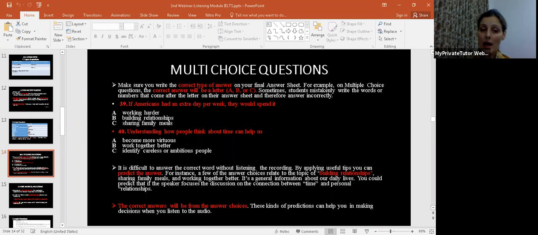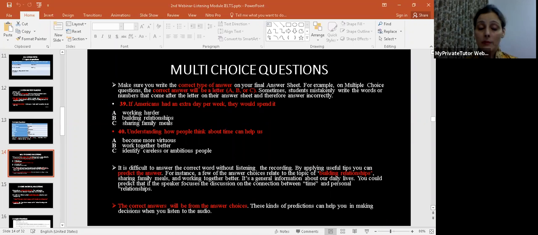You have to remember, if 1, 2, 3 is written with the options, you have to mention the same number. Sometimes students mistakenly write the words or numbers that come after the letters on the answer sheet, and therefore the answer is incorrect. So you have to be very much conscious about this. Whatever is mentioned over there, you have to write the same thing.